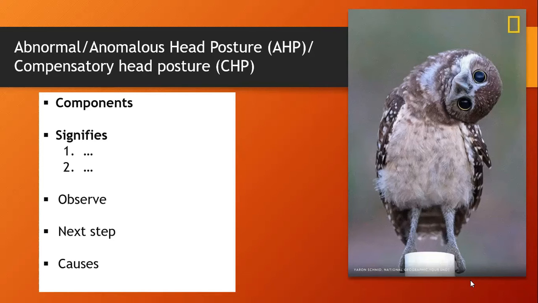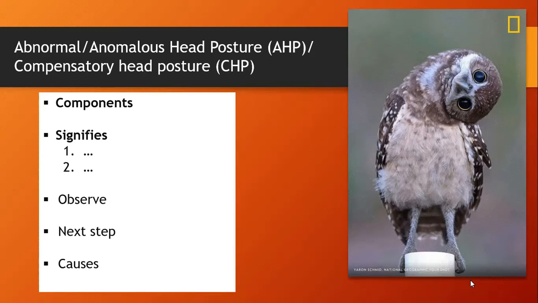Okay. Another significance of abnormal head posture: once you see an abnormal head posture, it means that if you correct this head posture, you will most probably find strabismus in the primary position, and that's why the child or the patient adopts this abnormal head posture in the first place.